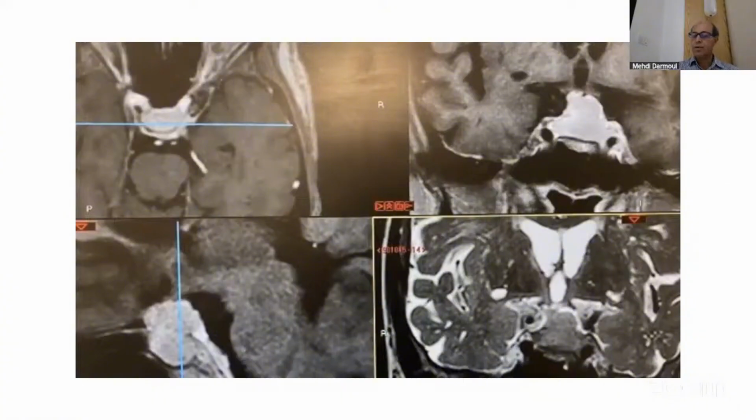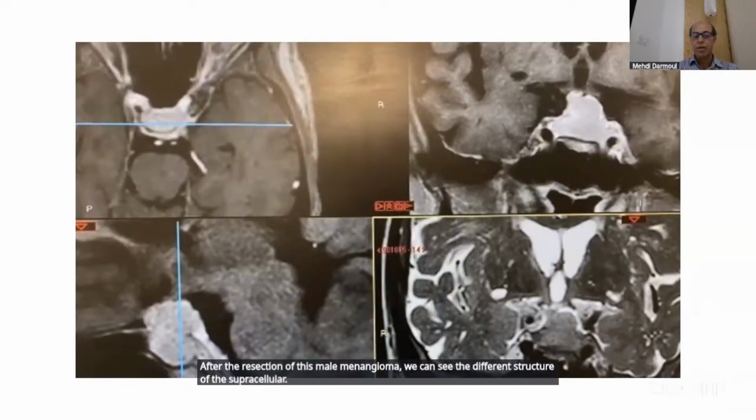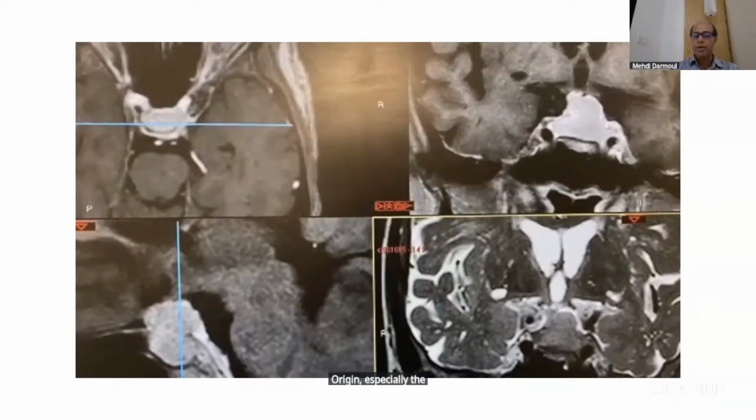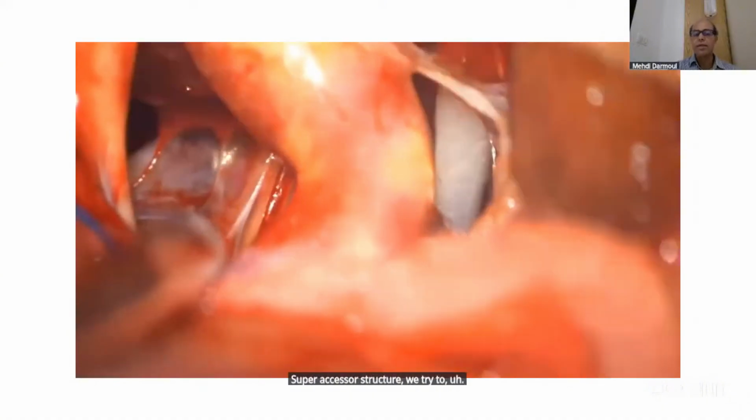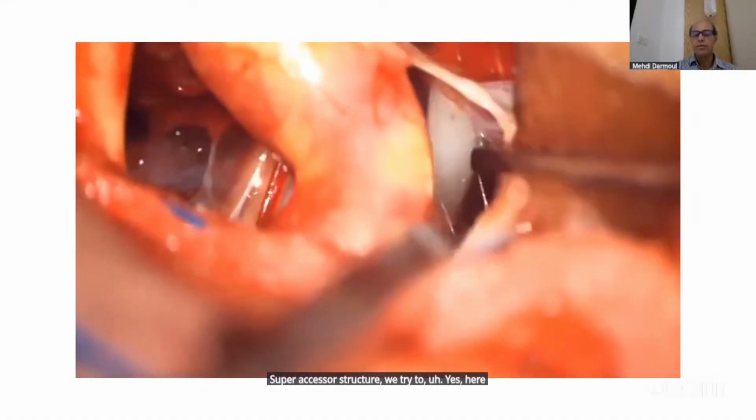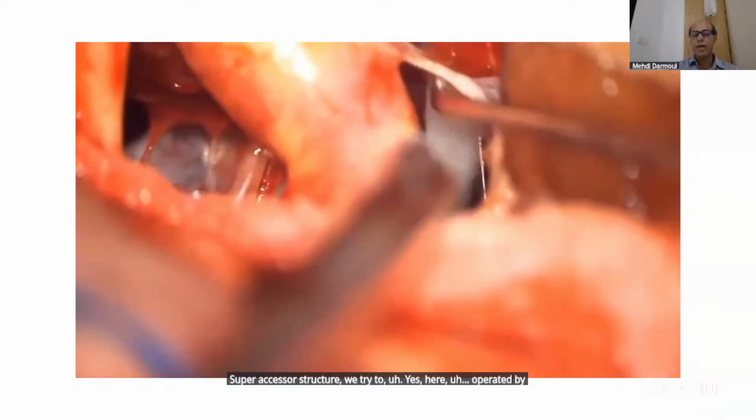After the resection of this meningioma, we can see the different structures of the suprasellar region, especially the optic nerve with its relation to the suprasellar structures. She was operated by a right pterional approach.